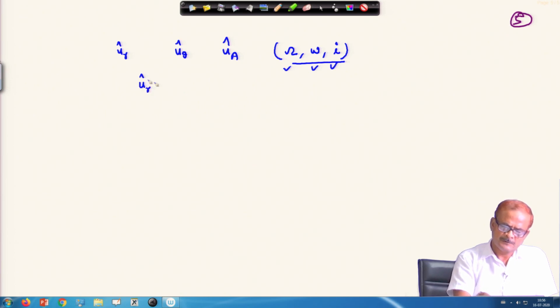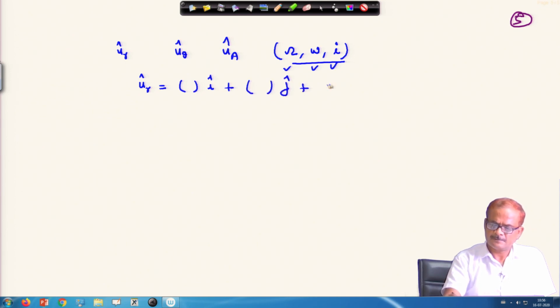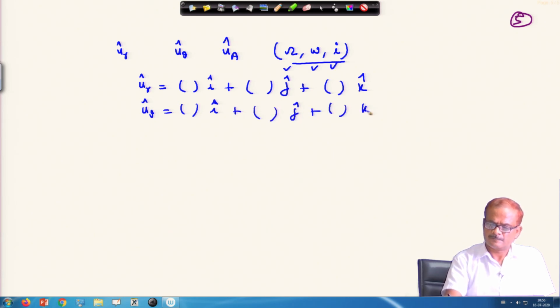So, u r cap, say this is something times I cap, then j cap and then k cap. Similarly, u theta cap was described, and the same way the u a cap also was written. Okay.